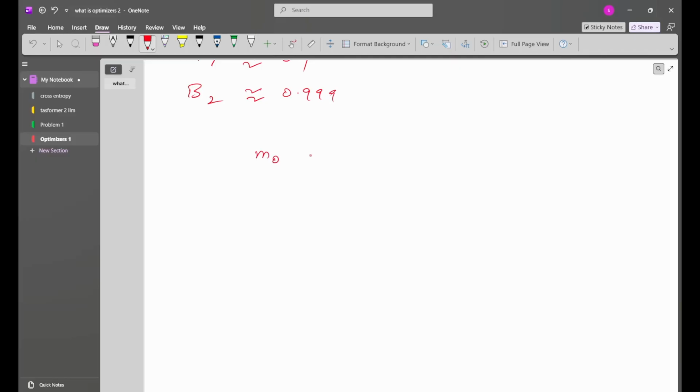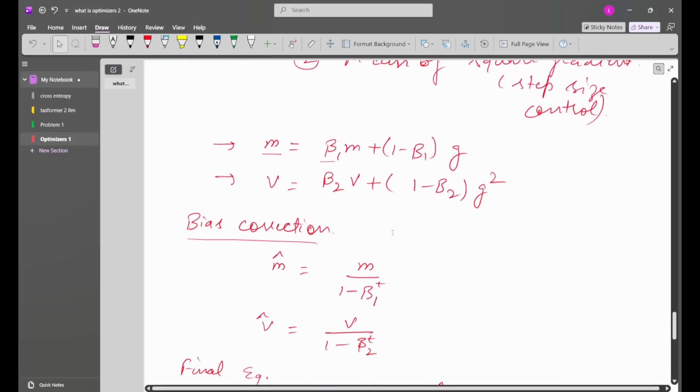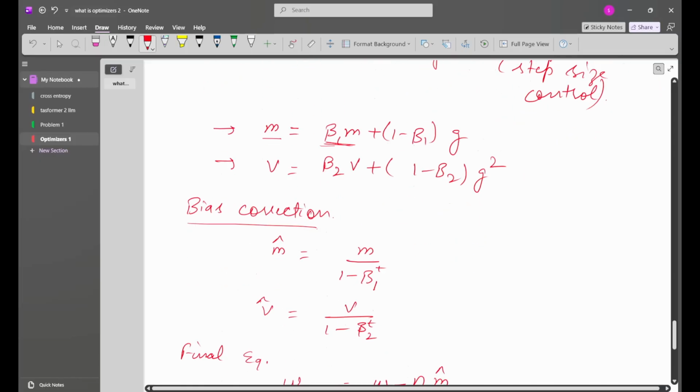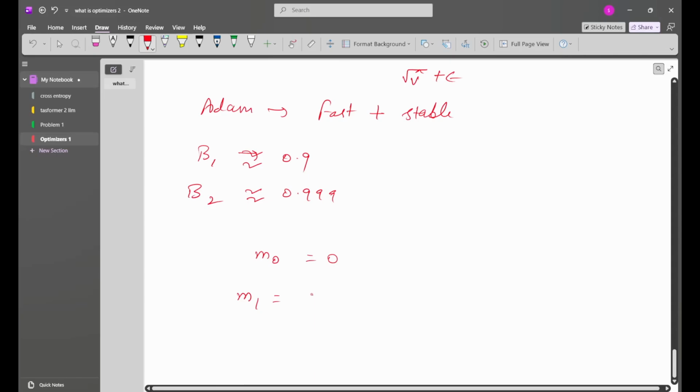At the beginning, m0 is 0. So let's understand the first update. What is the formula of the first moment?